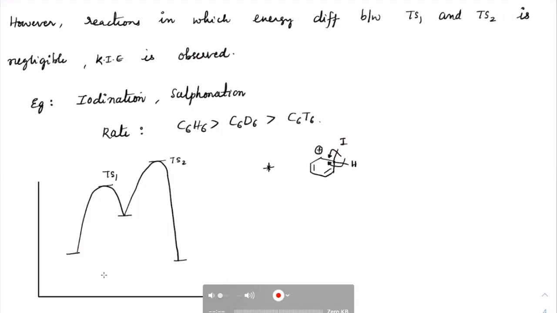Understood? While hydrogen would also like to break because it wants to retain the aromaticity. Hydrogen can also be broken because it is not very strongly bonded with benzene.